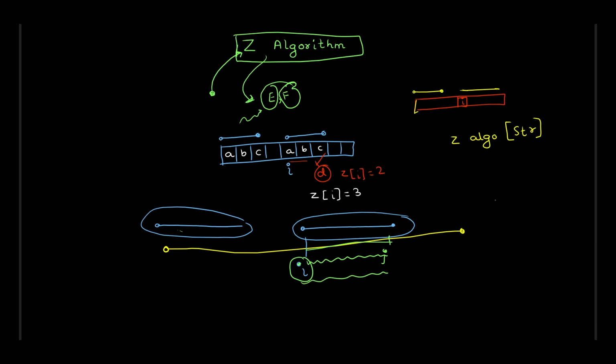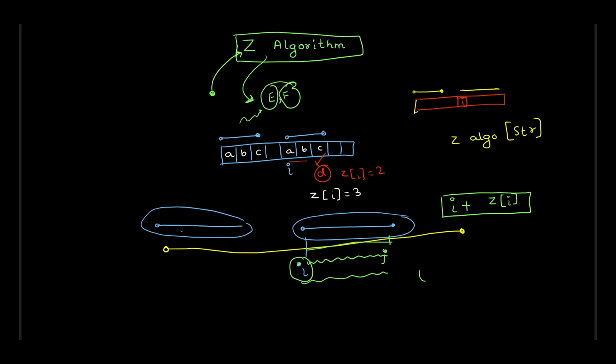So you just have to check whether z of I, which is the length of the substring, which will also be the prefix. So all you have to check is the index I plus Zi, whether j lands on the left side of it or on the right hand side of it.